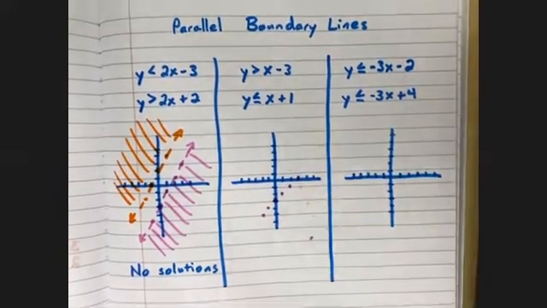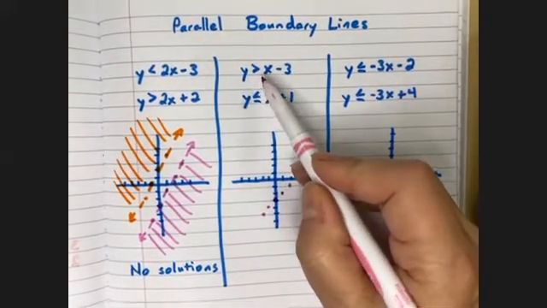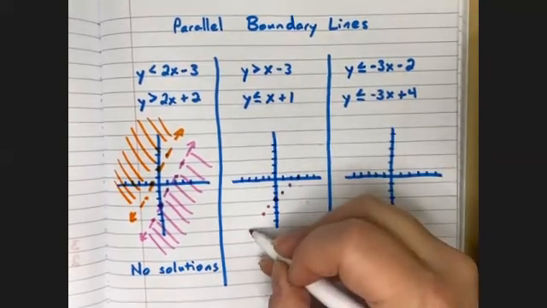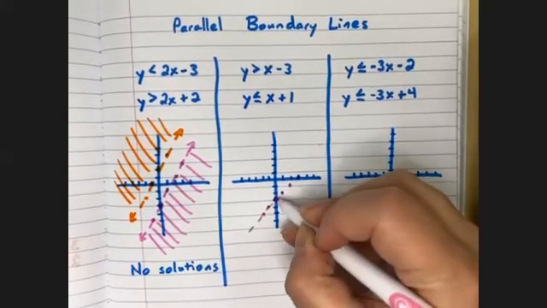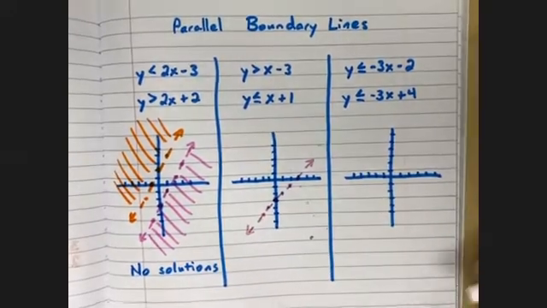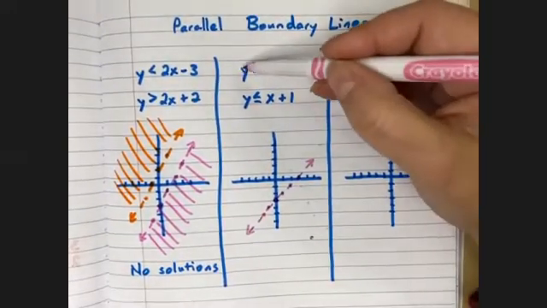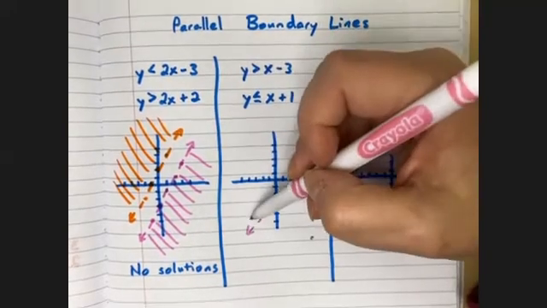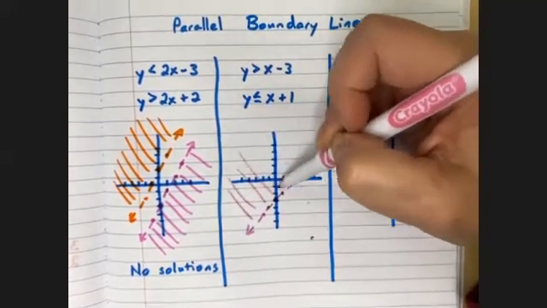All right, so that's enough. This one, solid or dashed, is going to be dashed. And do I shade above or below? It's y is greater than, so I'm shading above.